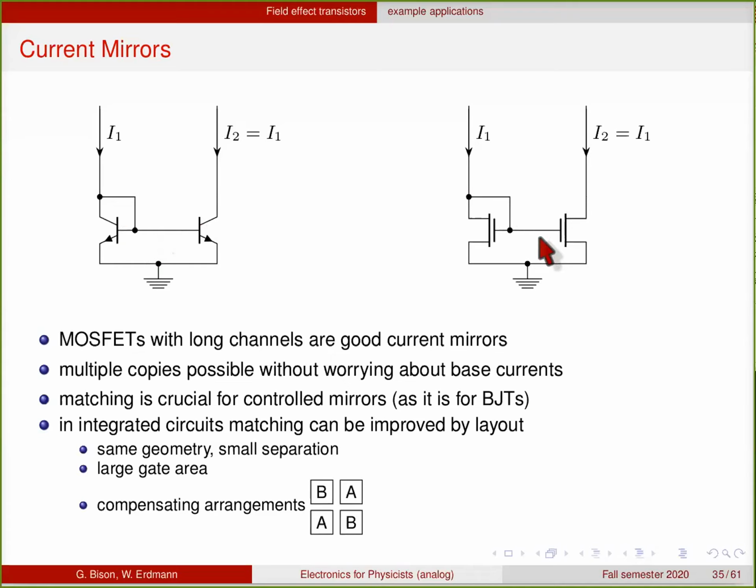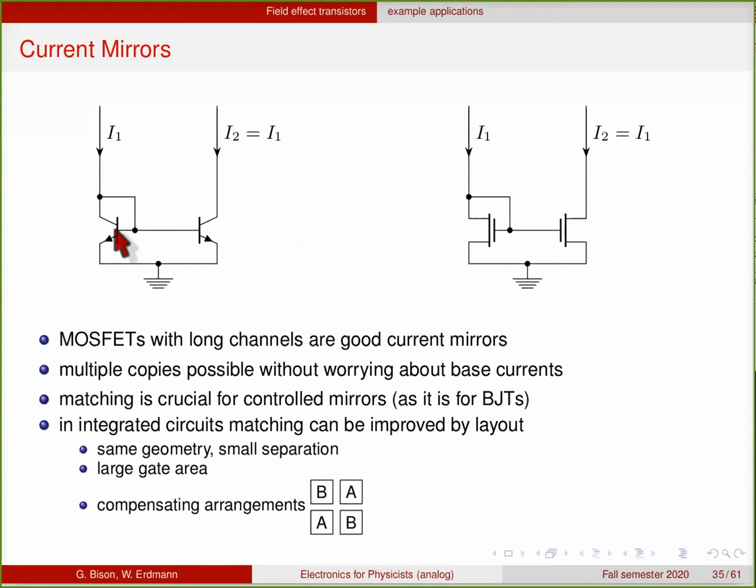So these two transistors have the same gate source voltage, so the current is essentially the same. And if you have one of these transistors with a long channel that has almost no channel length modulation, then this is basically an ideal current mirror. What is of course crucial is the matching of these transistors, as it is for the bipolar transistors.